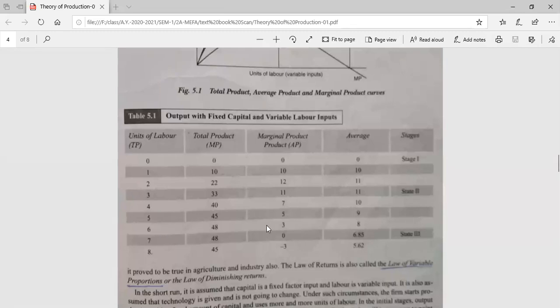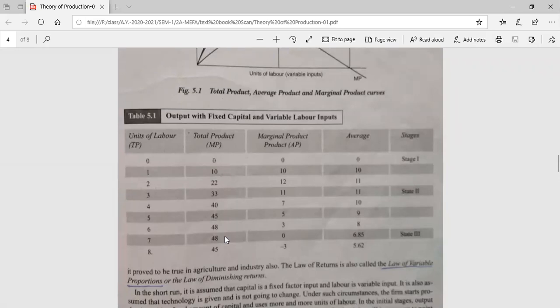There is only a 3 unit increase in the output. I further increased my labor. There is no change. Same output they are getting. That means the workers are discussing something, but they are not doing the work. That thing we have to remember here. It's a practical case. This is human psychology based.